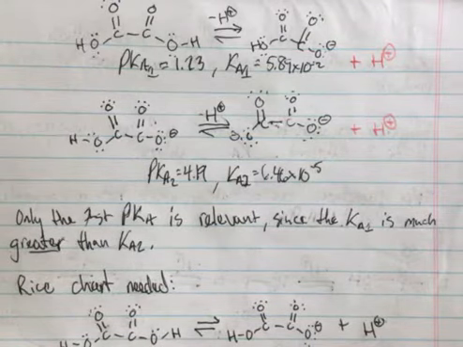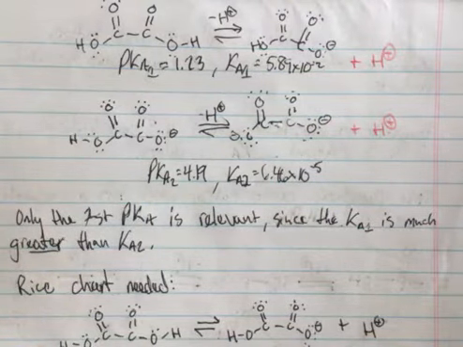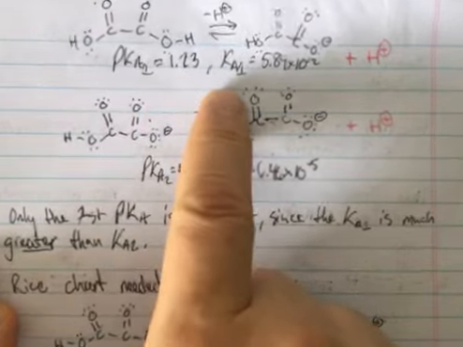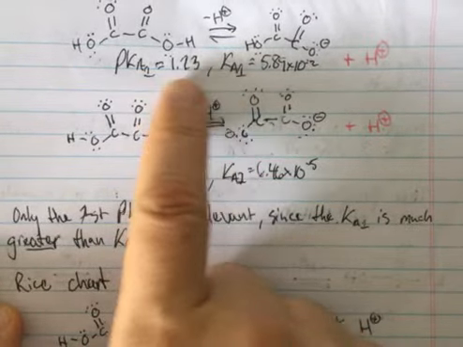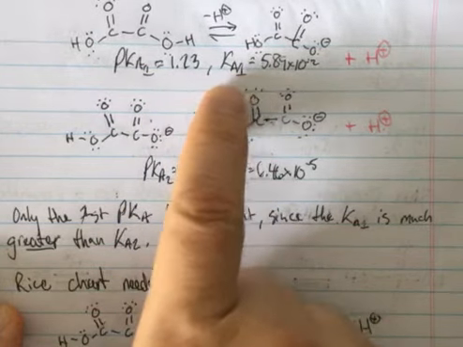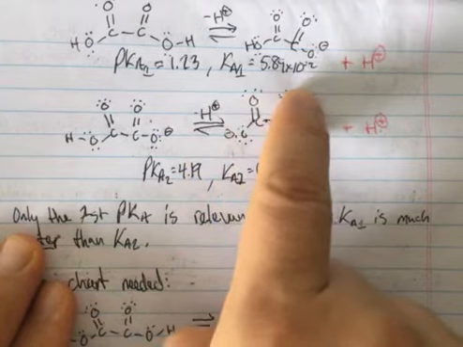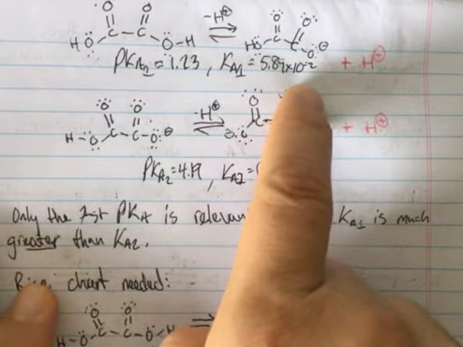Okay, so let's resume here. We have our first fully protonated species that has a pKa of 1.23. Converting that into 10 to the minus pKa, that's going to give you a Ka1 of 5.89 times 10 to the minus 2. So that's Ka for the first deprotonation.